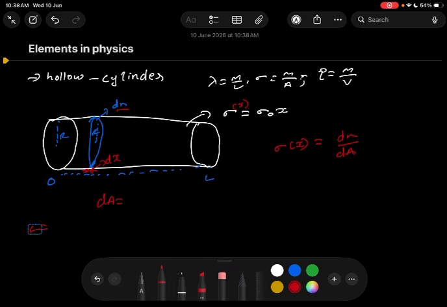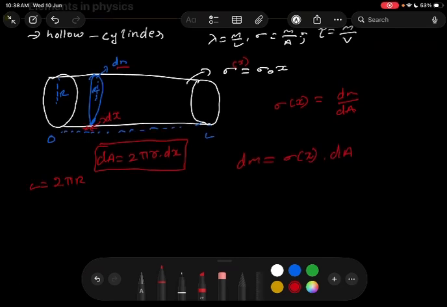Theta is 2 pi, so 2 pi r. So dA equals 2 pi r into dx. Now we have to just find dm. So dm equals sigma of x into dA, which is basically dm equals sigma of x into 2 pi r into dx.